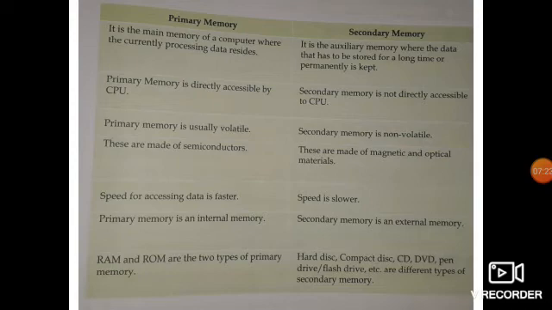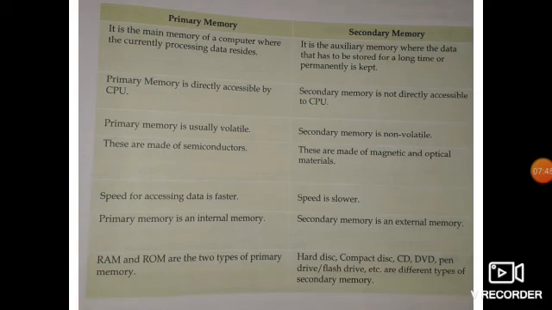Primary memories are made of semiconductors and the secondary memories are made of magnetic and optical materials. The speed of accessing data in primary memory is faster, whereas the speed of secondary memory is slower.